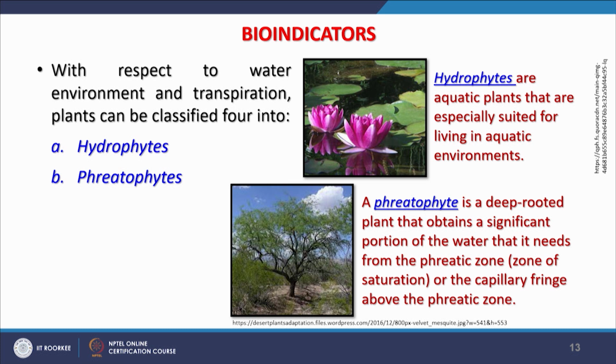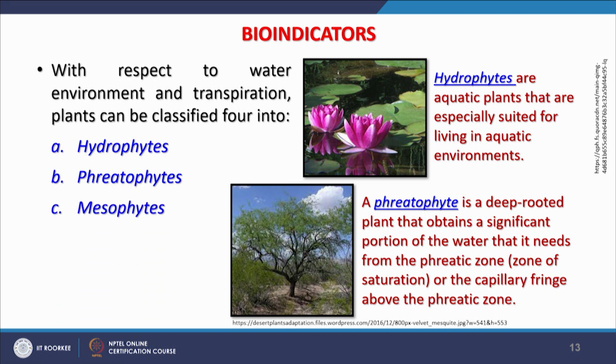They obtain a significant portion of the water that they need from the phreatic zone, that is the zone of saturation, or the capillary fringe above the phreatic zone. So, these kinds of plants are called phreatophytes. They are generally in a very dry area or areas where the water table is at a great depth.